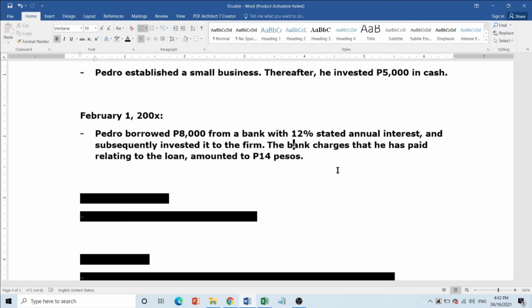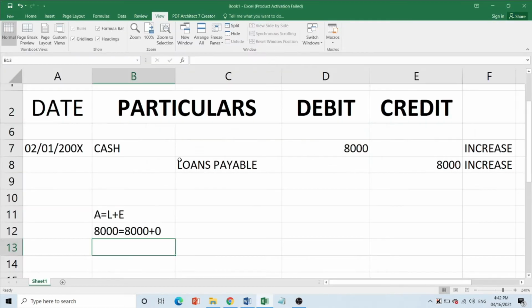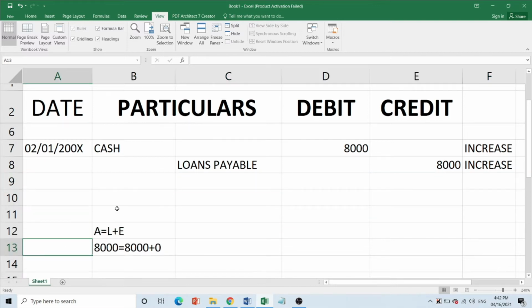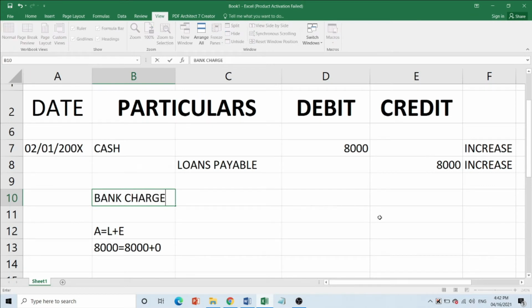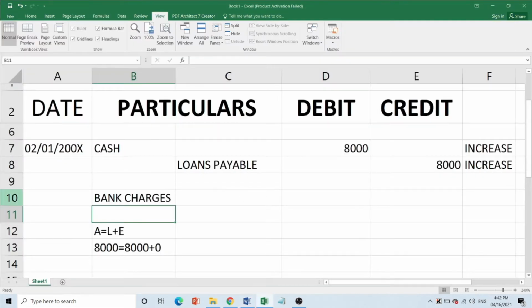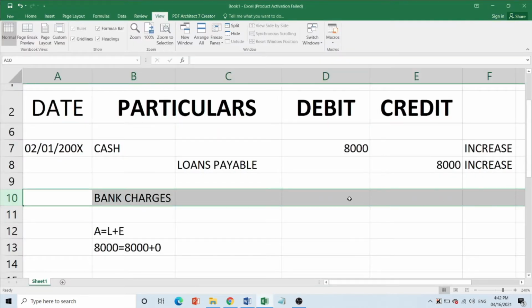Since normal balance niya is debit, lagay natin dito bank service fee or bank charges na lang. Bank charges or bank service fee expense. Then, amounting to 14 pesos.